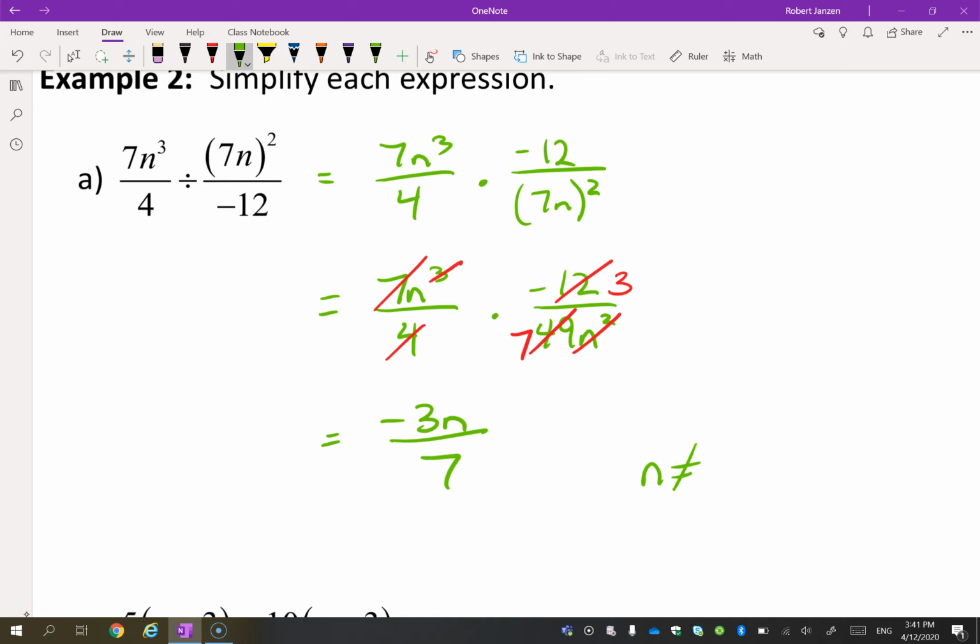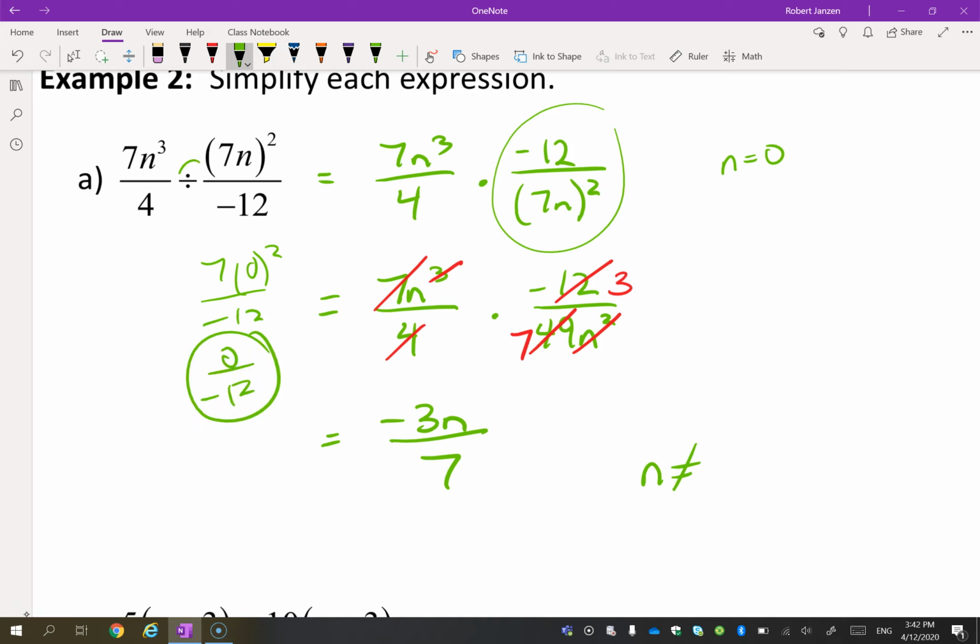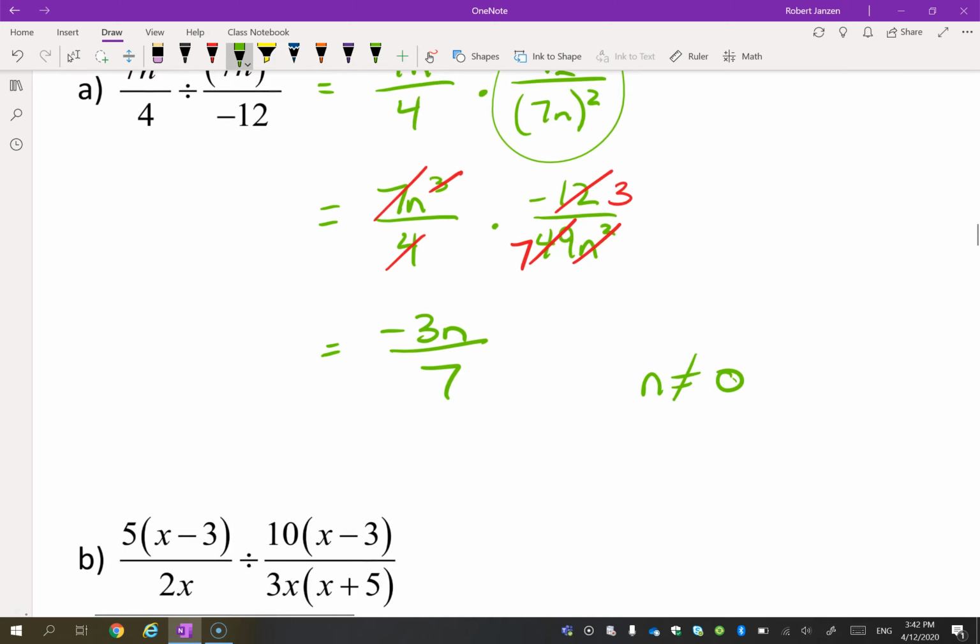This means that if I have n equals 0, I'm going to end up with 7 times 0 squared over negative 12. This would be 0 over negative 12. This would be 0, so I would be dividing by 0. Can't do that. So, non-permissible value, n cannot be 0.